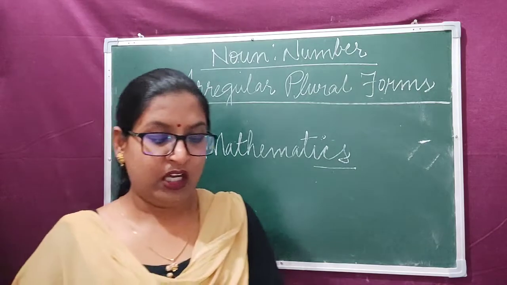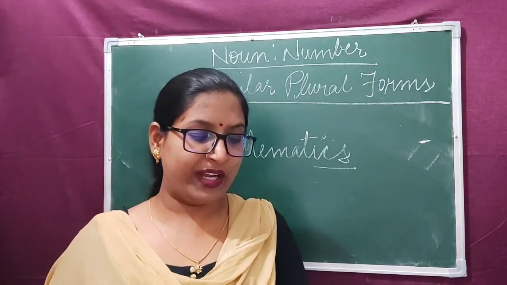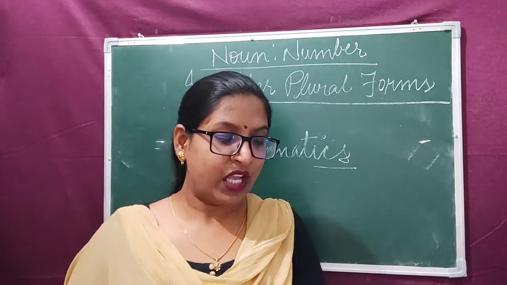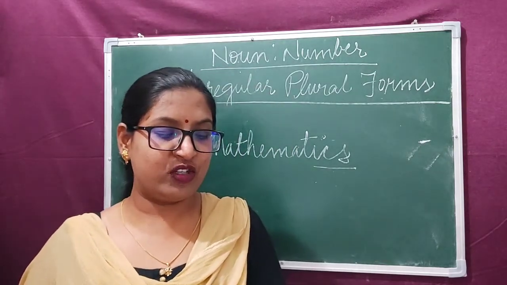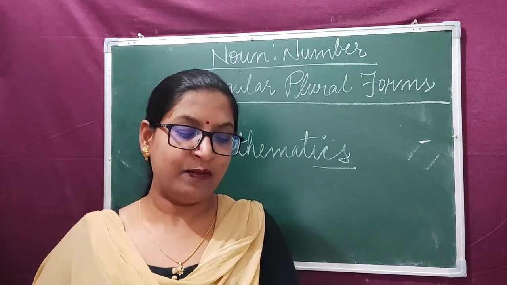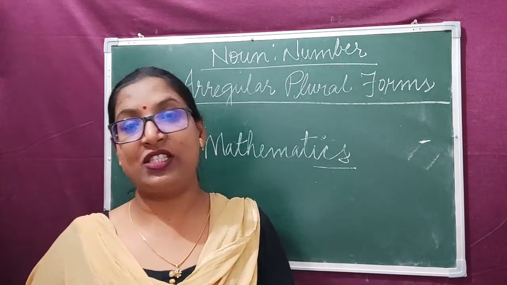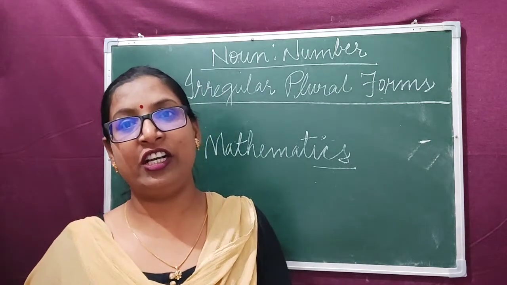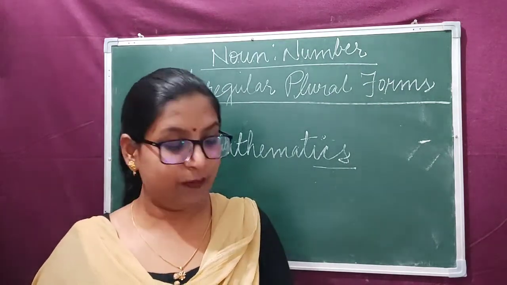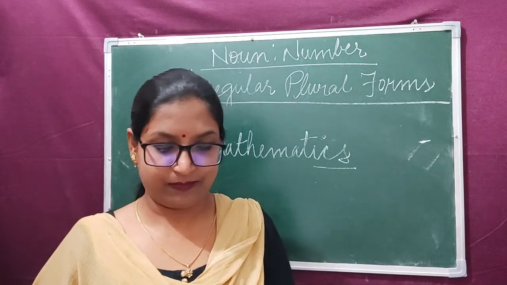Now, next rule number 8 on the same page. Uncountable nouns such as advice, furniture, information do not have plural forms.